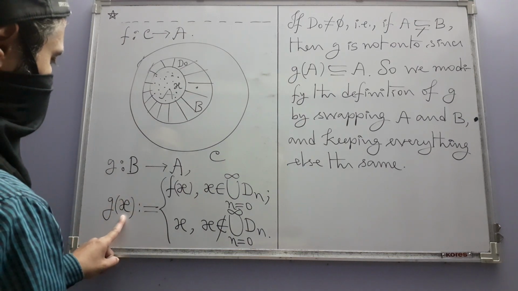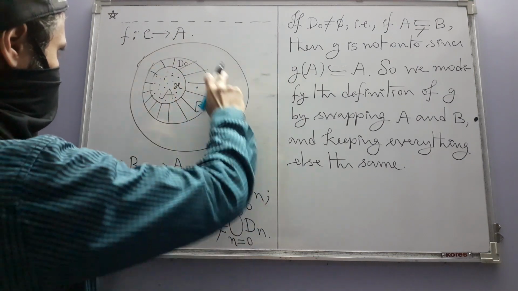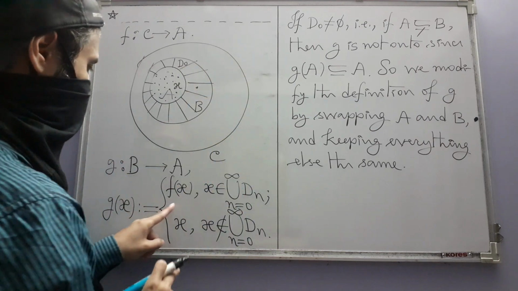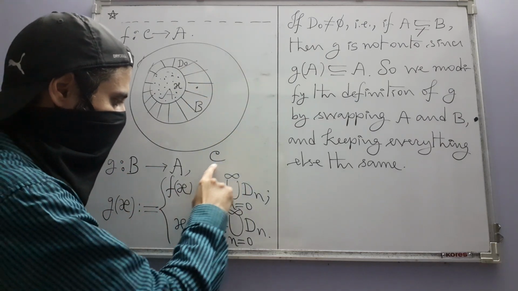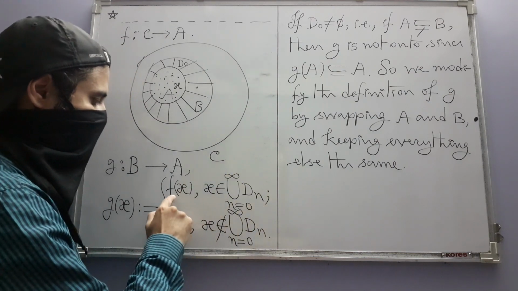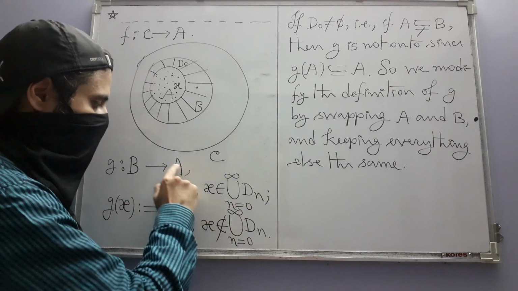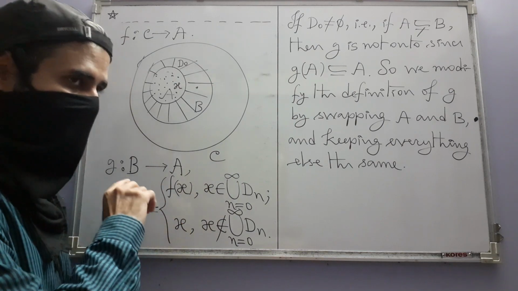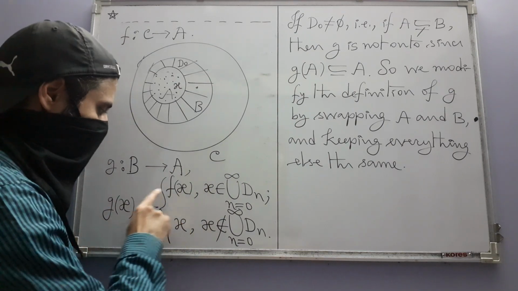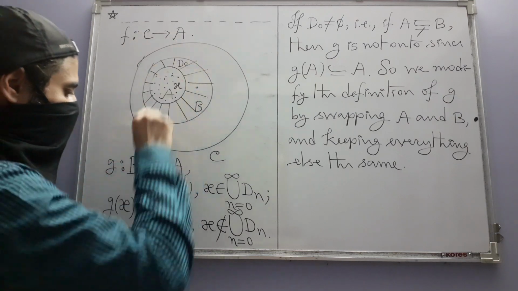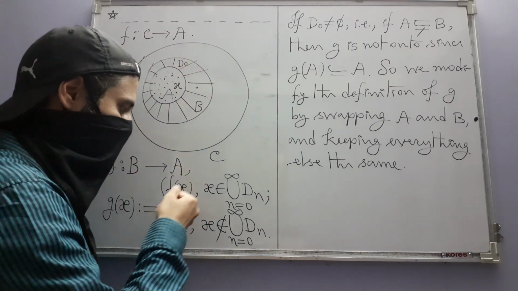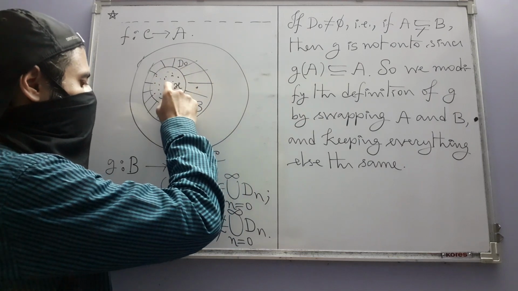So now we are going to choose our x from B. Again that same thing: x either lies in this union, in that case the image under g of this input x is f of x. Since f originally maps C into A, this f of x is a unique element in A. Fine.